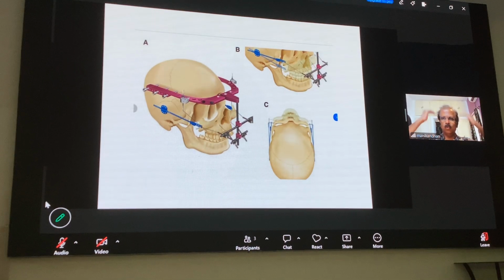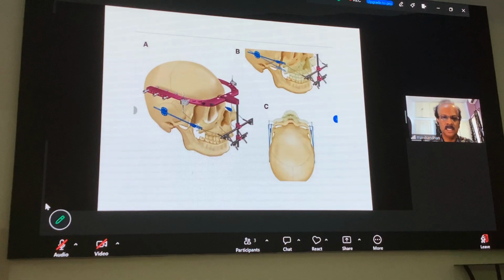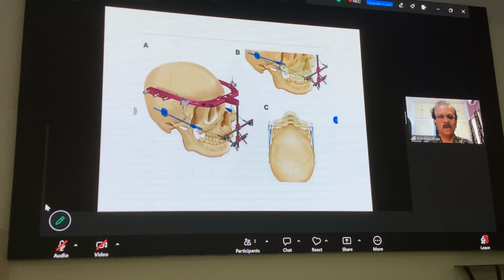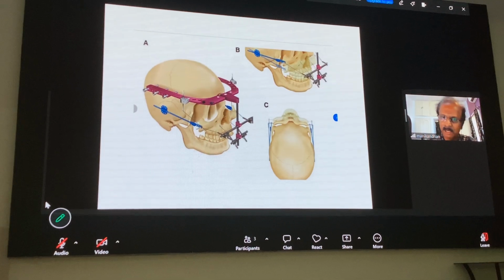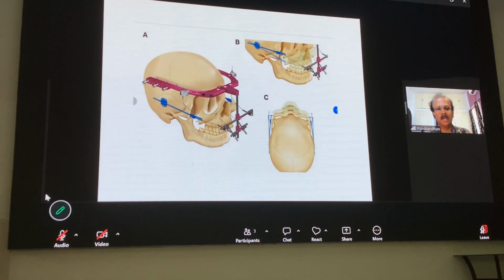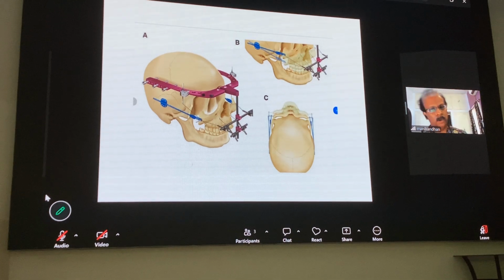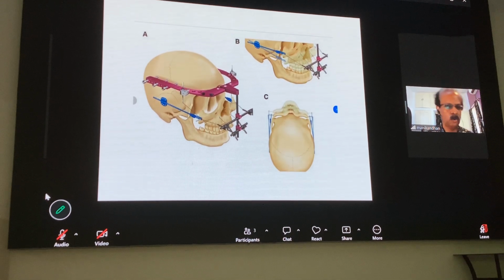So rigid, like a halo frame. Rigid external distractor. And this is actually very useful for Le Fort 1 level, 2 level, 3 level, as well as monobloc distraction. All these things are possible along with Le Fort 2 or 3.